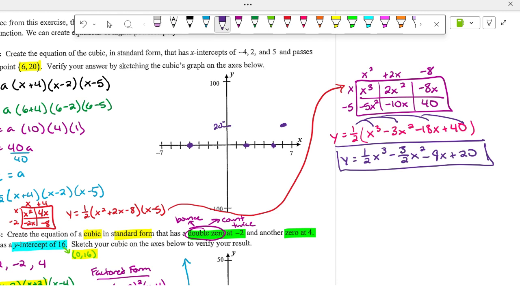Okay, Dominic, first off, if I look at my standard form, is this going to be an even or odd graph? It's going to be odd, and it's going to be positive. So what are the tails going to look like? Left down, right up. Okay. What are my dance moves going to look like? Look at the original factored form.